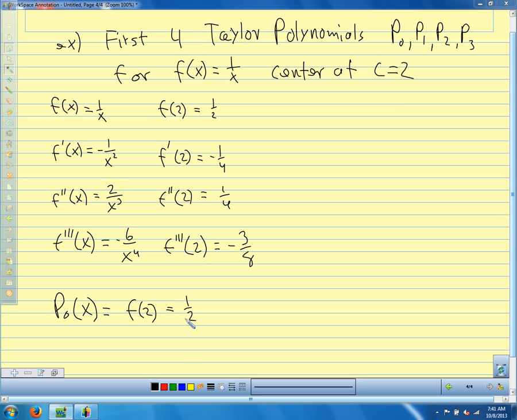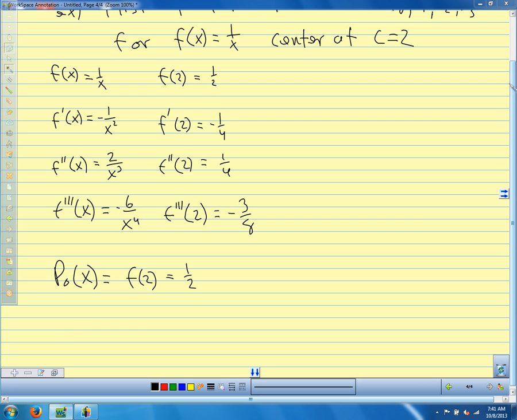So if you're really close to 2, that would be a pretty good approximation. But if we're not really close, we need something a little better. So p sub 1 of x is my first polynomial, 1/2, minus 1/4 times x minus 2.